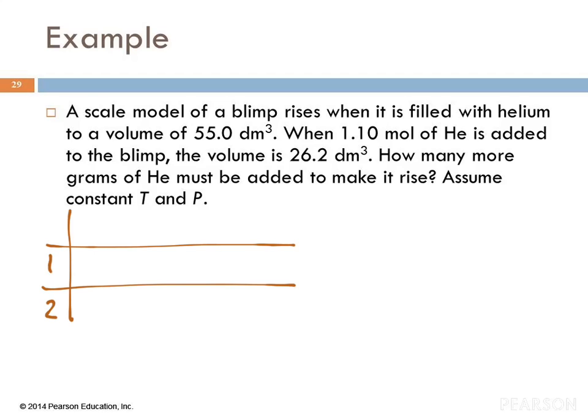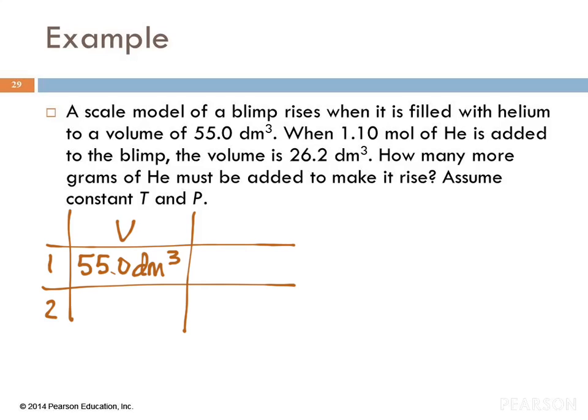Ones and twos. So volume of 55.0 cubic decimeters. That's not a unit we see very much, but it's fine. 1.1 mole of helium is added to the blimp.